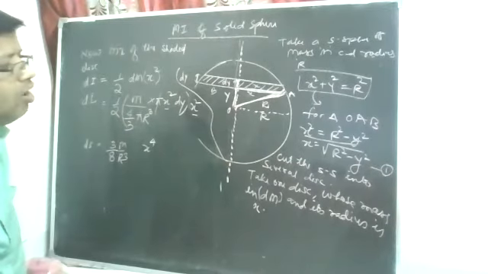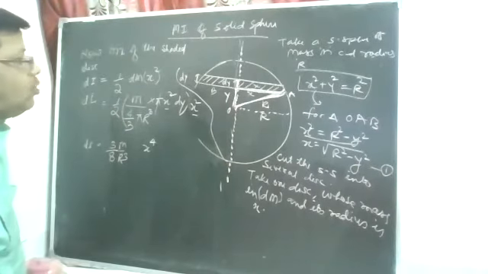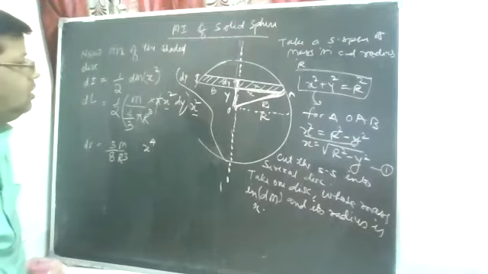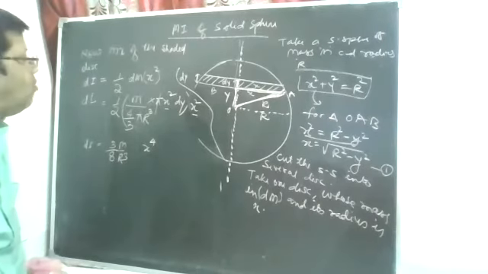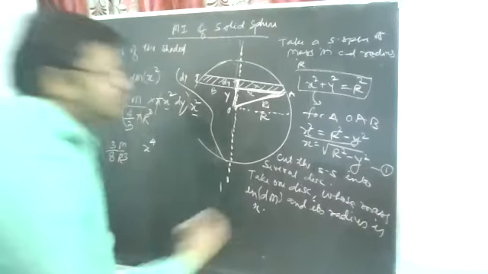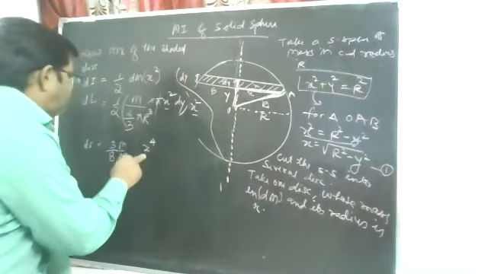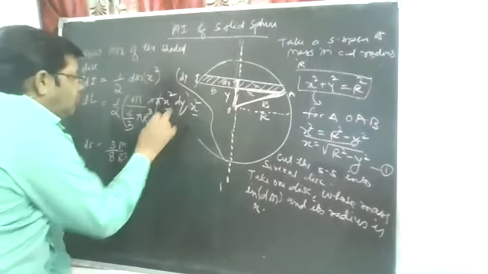Now, in place of x square, what can you write? See here, x to the power 4 into dy.